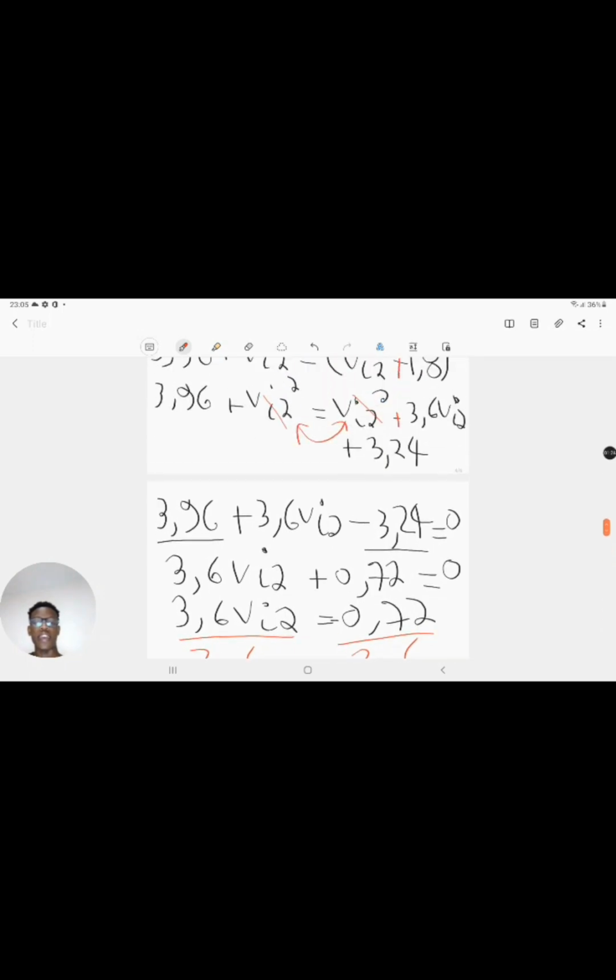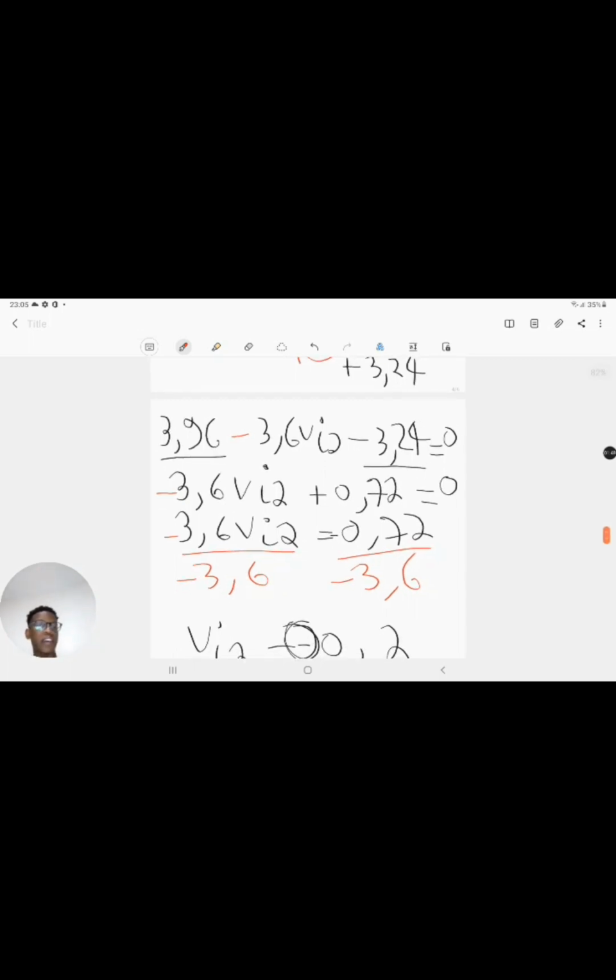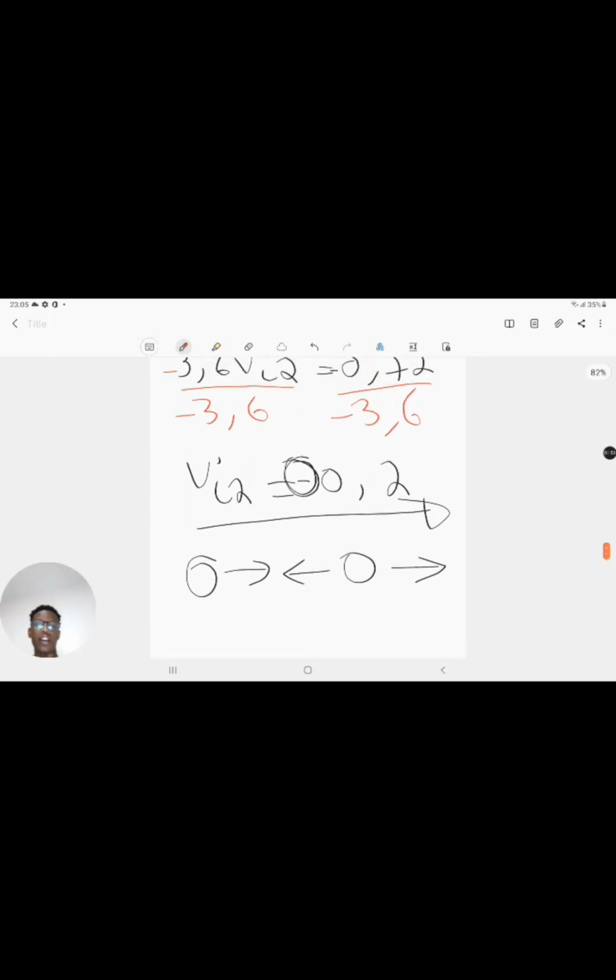Then that is going to be a negative, then a negative here, negative there, negative there. Then my answer here was actually going to be positive.